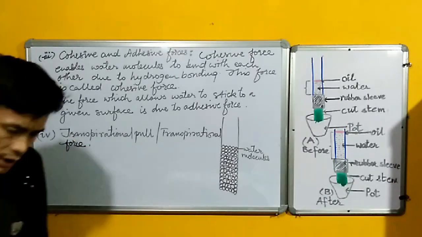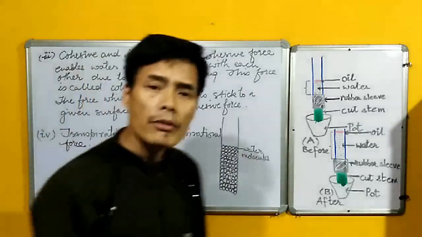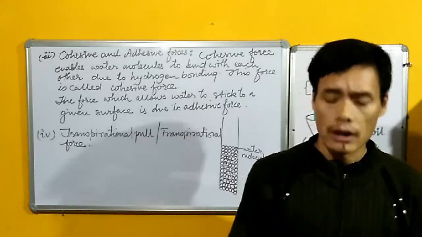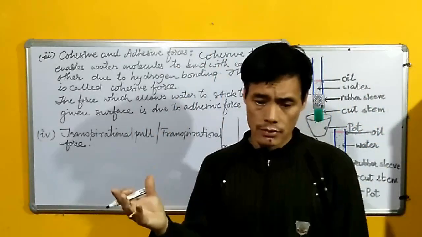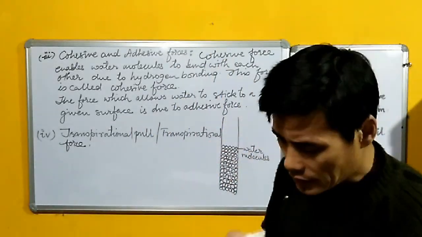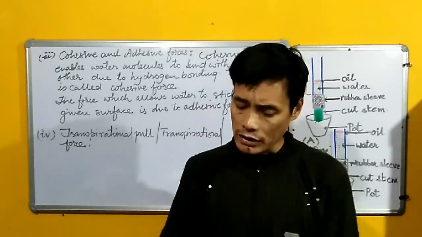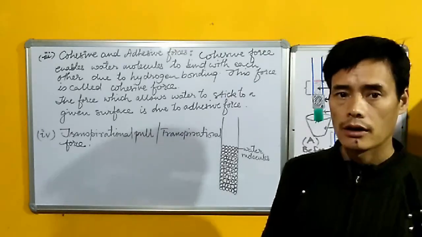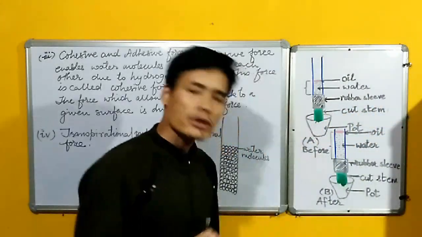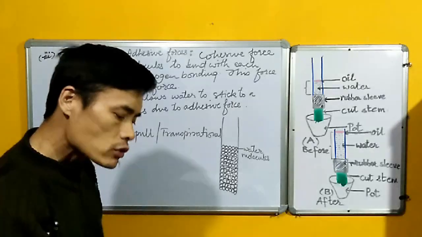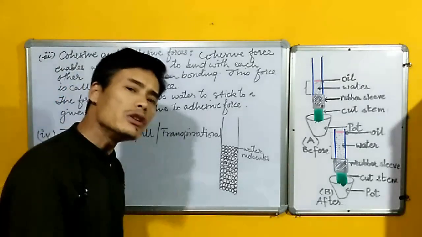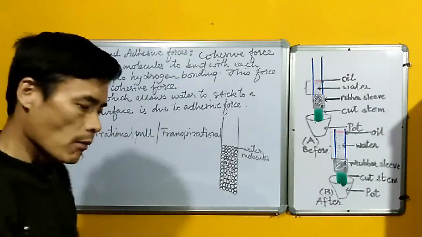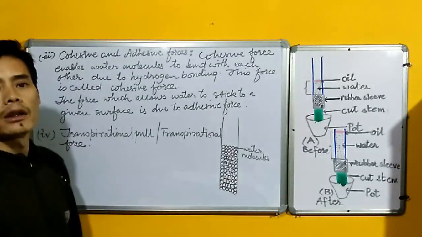Now, when water begins to travel from the root into the shoot system, the plant begins to eliminate the excess amount of water that is being dragged by the root, and this is called transpiration. During the process of transpiration, the extra amount of water is continuously evaporated to the outside environment in the form of water vapor.